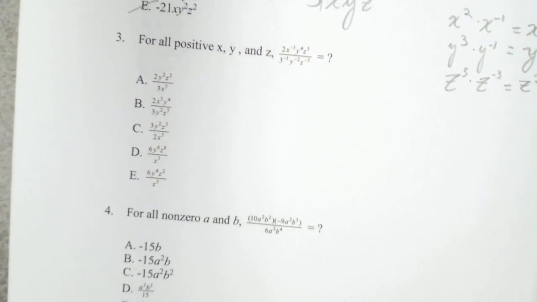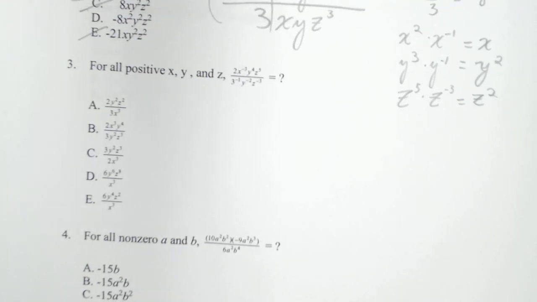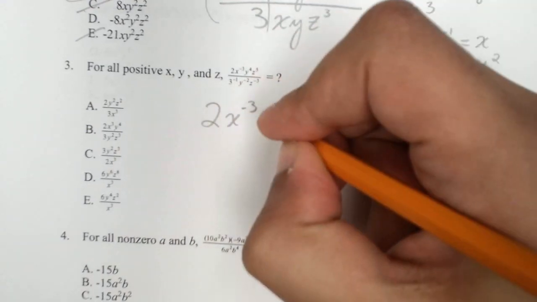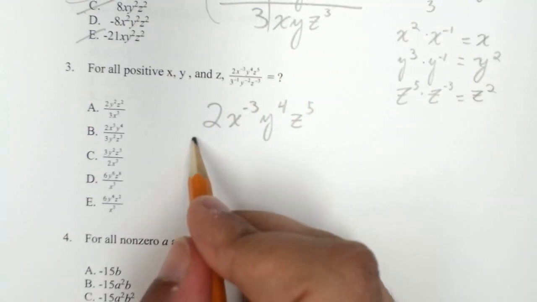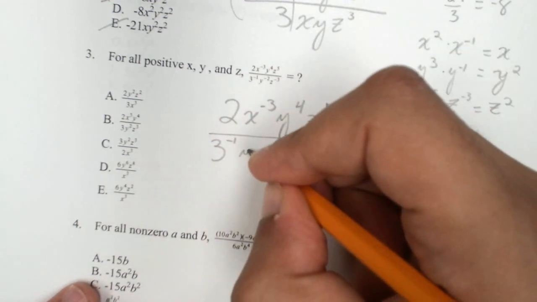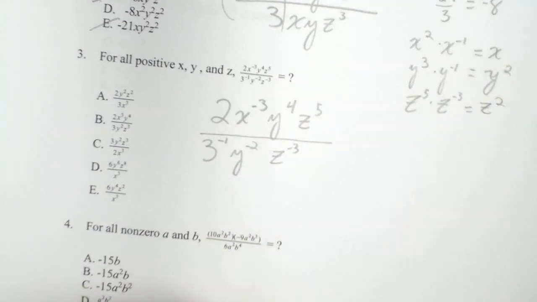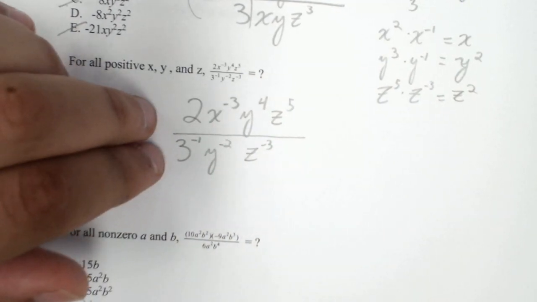Moving on to number 3. For all positive x, y, and z, we're going to be doing the same thing as the last one, but now we have some negative exponents thrown in. Same thing, we're going to look at our coefficients first.